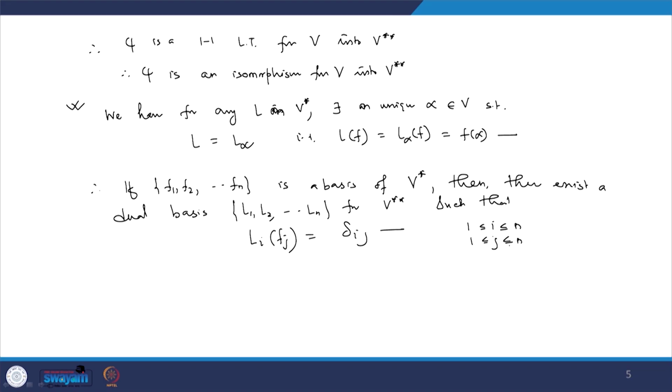This we already know from previous studies that if we consider a basis for the space V star, then certainly there is a dual basis L1, L2, Ln for V double star.